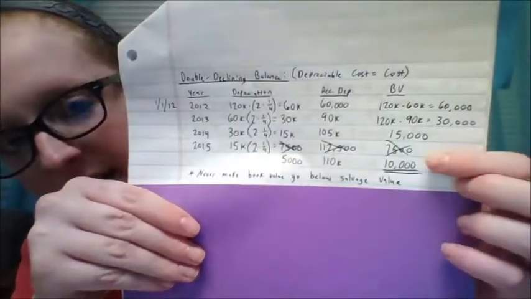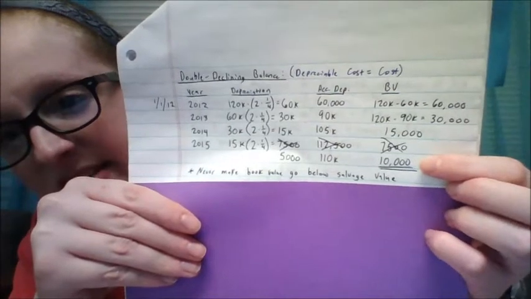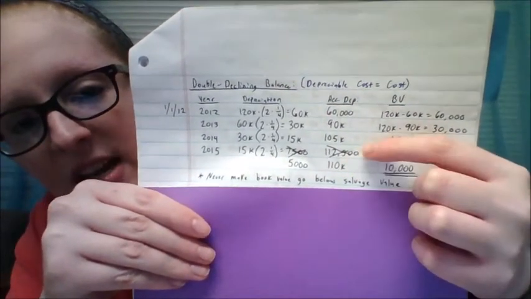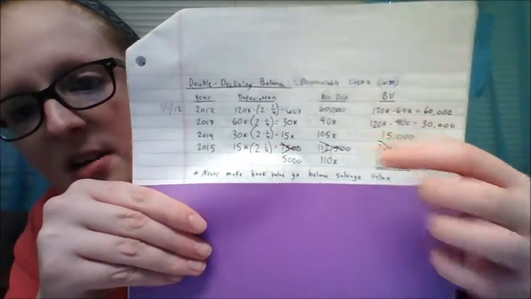You can't have a book value that's less than your $10,000 salvage value. So you have to add that back, and you'll just do exactly what I have done right here, and you will edit that to be equal to 10,000 instead of 7,500. And then you'll also change that with your accumulated depreciation.